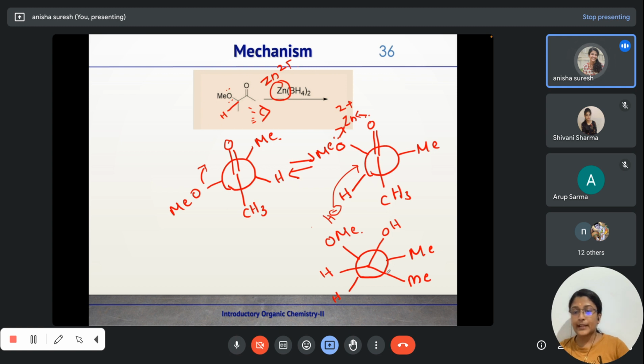If we consider these groups coming in the same plane, then we can write Me, and the hydroxyl is coming above the plane, then methyl is also coming above the plane. If we see from this direction, methyl is also coming above the plane, then OMe.